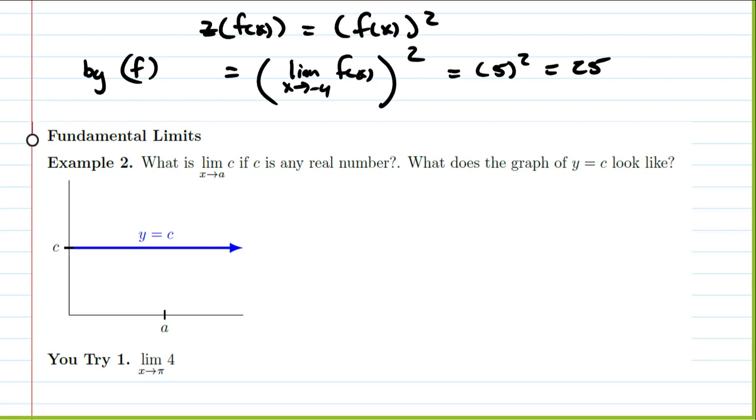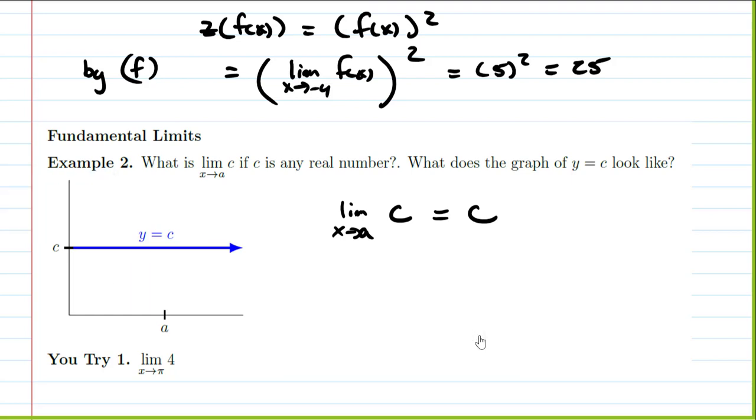So as I approach a, whatever a is from the left or from the right, what is my y value always going to be? C. So the limit as x approaches a of any constant is just going to be that constant. So the limit of a constant is always the constant because the constant doesn't change.